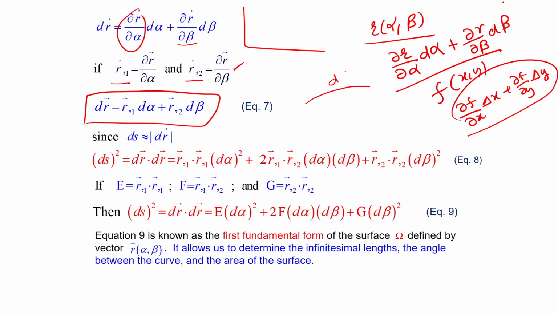This is our ds and this is our dr. So, we say that for the smallest one, ds will be equal to the magnitude of dr. It means ds square is equal to dr dot dr. So, you multiply r comma 1 d alpha plus r comma 2 d beta with itself, as a dot product.